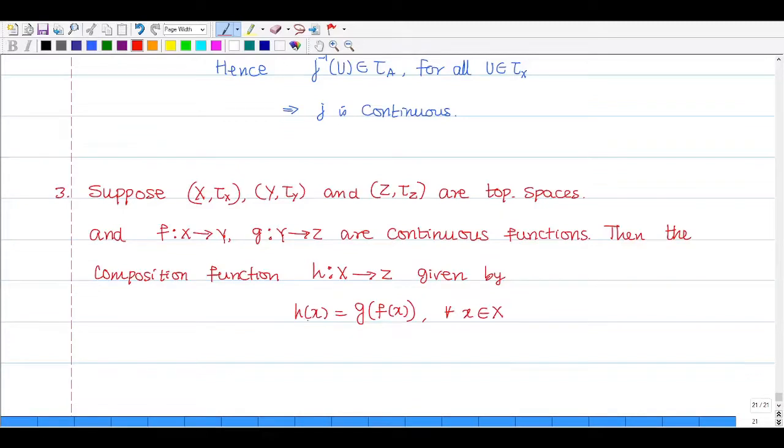Therefore h of x அப்படிங்கிறது இப்படி டிஃபைன் பண்ணிருக்கேன். Okay, then the composition function is continuous.